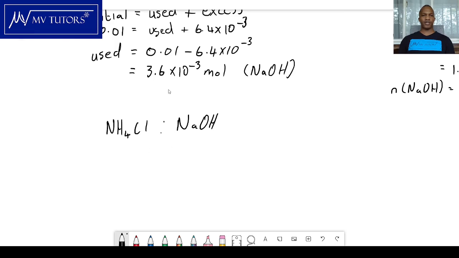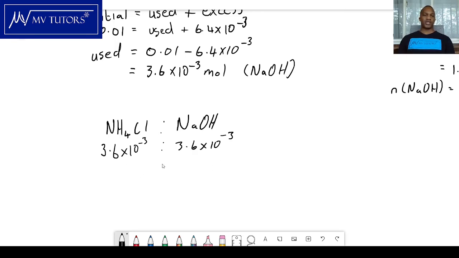So that means 3.6 times 10 to the minus 3 moles of ammonium chloride. It gives you the same.